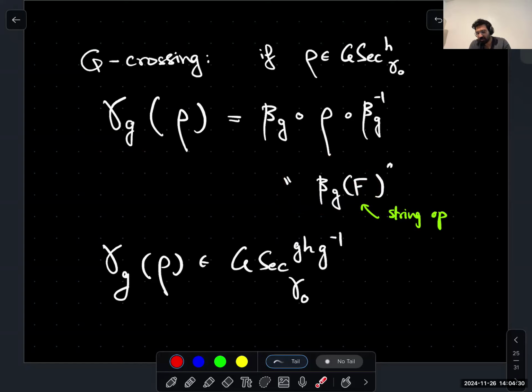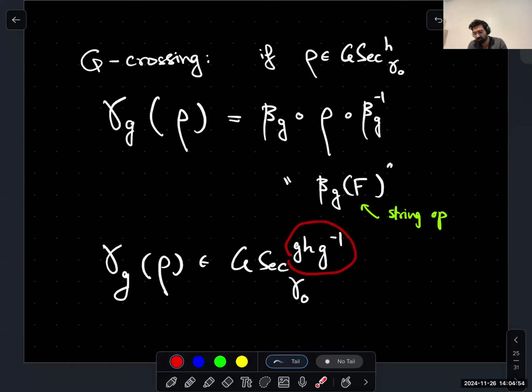The reason why we call it G crossing is because there is some G component over here on this gamma. And let's say rho was an object in the H component of the category, then the resulting object is actually going to be in a different component. So there is some crossing going on.